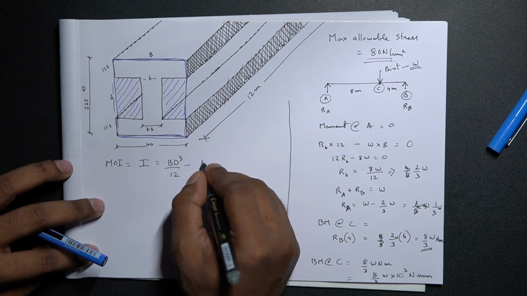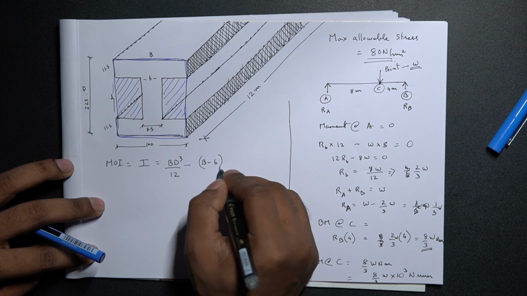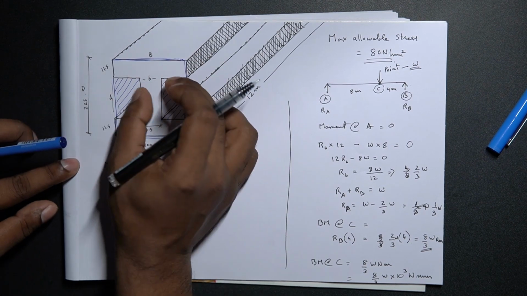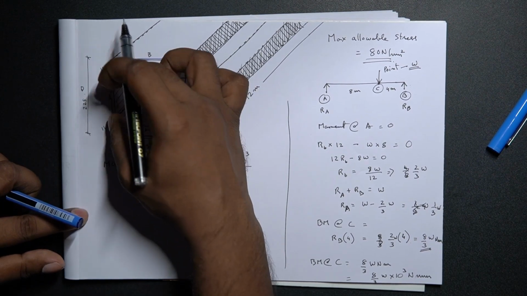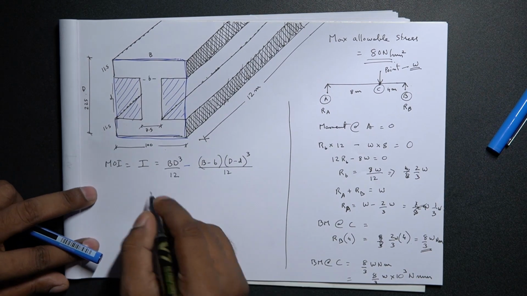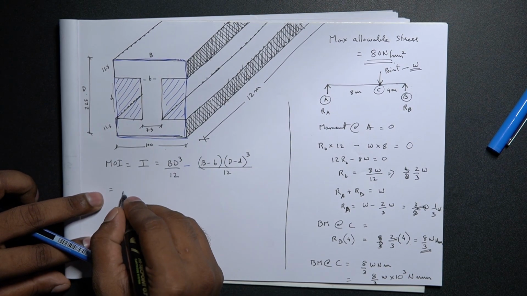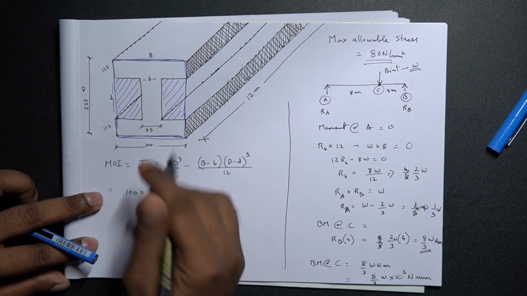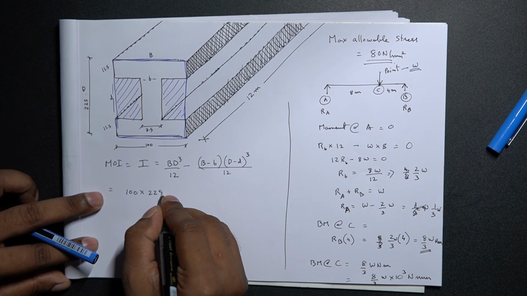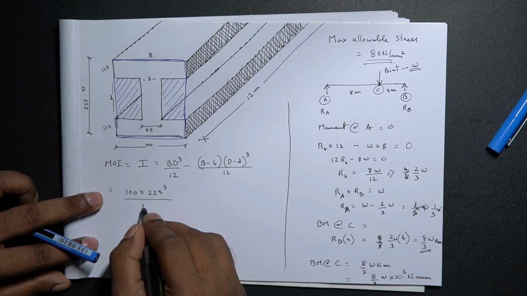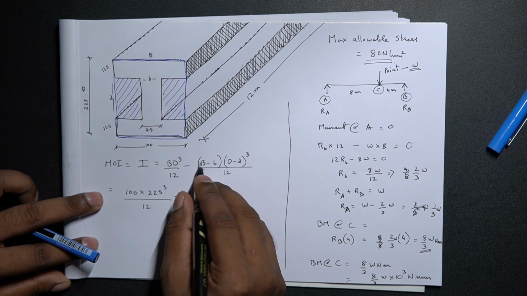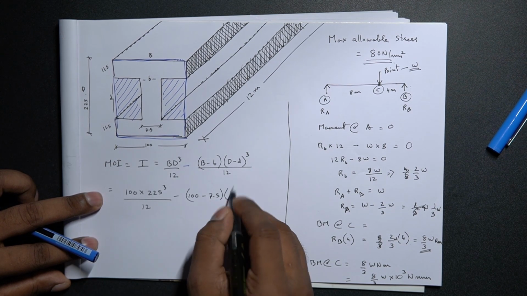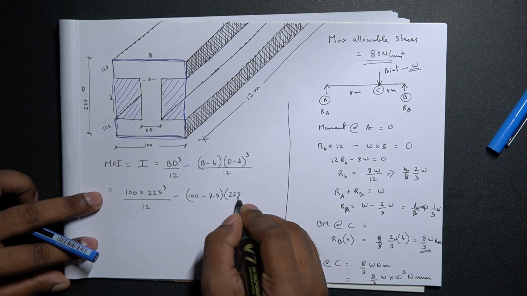So in that case this would be BD cube by 12 minus (B minus b) times (D minus d) cube by 12. B minus small b gives the negative spaces, D minus small d gives the negative spaces. So this can be written as 100, that is total width, into 225 cube, that is the total depth, BD cube by 12, minus capital B, that is 100, minus small b, that is 7.5, times capital D, that is 225, minus the small d.